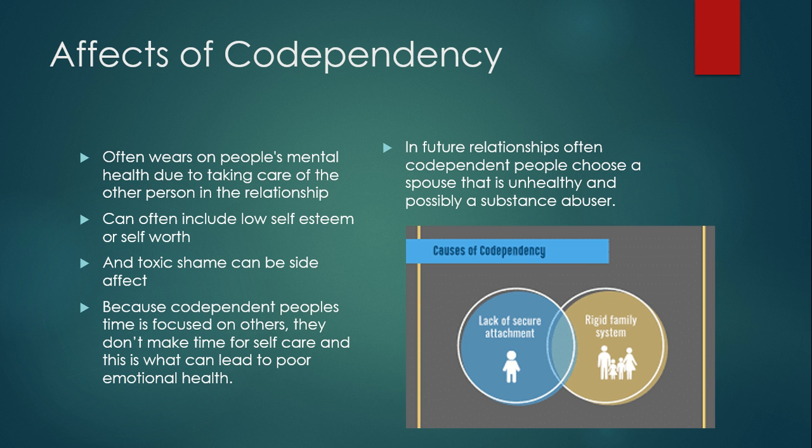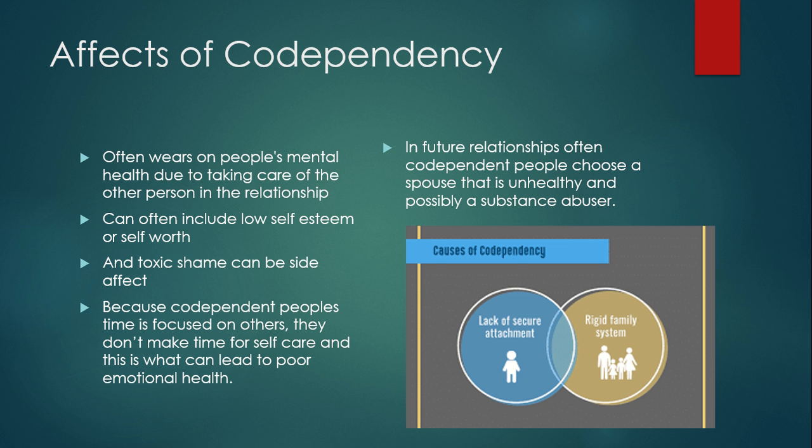Codependent people's time is focused on others, as I talked about. I think they start to develop these mental health issues because they don't focus on self-care, and that's a huge issue with the emotional health behind it. And in future relationships, codependent people will choose a spouse that is unhealthy and possibly a substance abuser. So that is always hard.